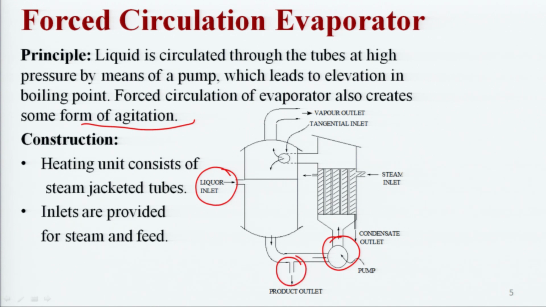Pump is used to pump the liquid into this portion called the calandria, which is a nest of short tubes with steam jacket. This is the steam inlet, this is the vent, and from here the condensate outlet can be collected. From the top of this portion the vapor outlet is also attached. The heating unit is connected with this liquor inlet unit with a tangential inlet.